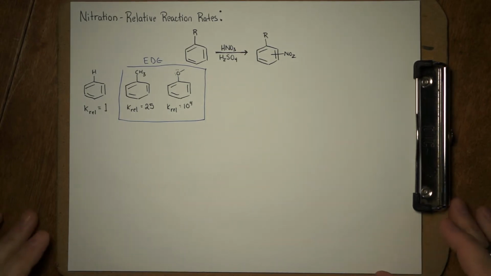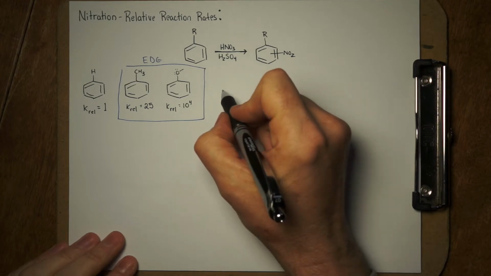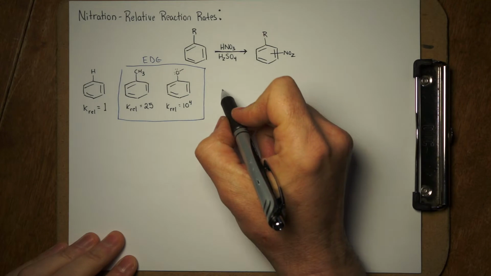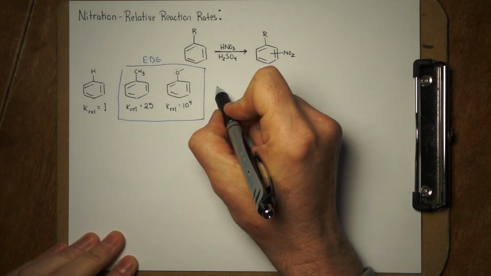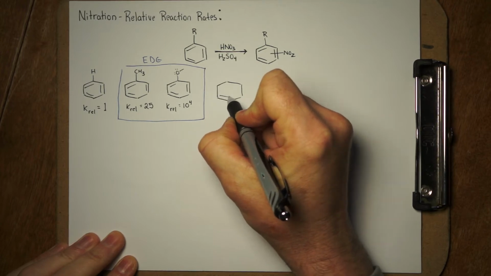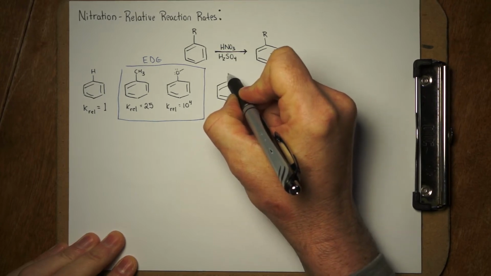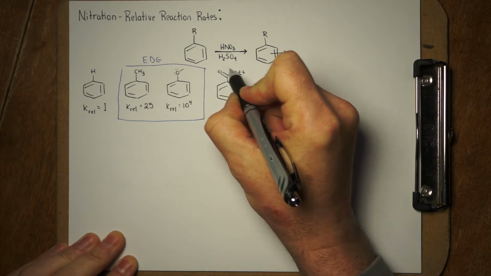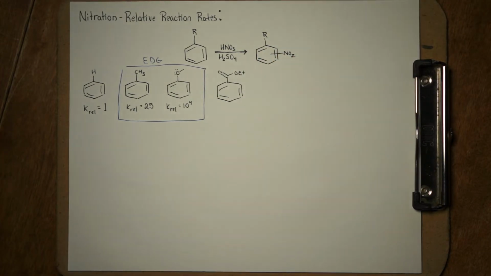All right, now if we look at electron withdrawing groups, let's start out with a carbonyl. So how about an ethyl ester? Now this is an electron withdrawing group, so the arenium ion that's formed whenever this undergoes substitution should be destabilized, should be higher in energy relative to benzene.